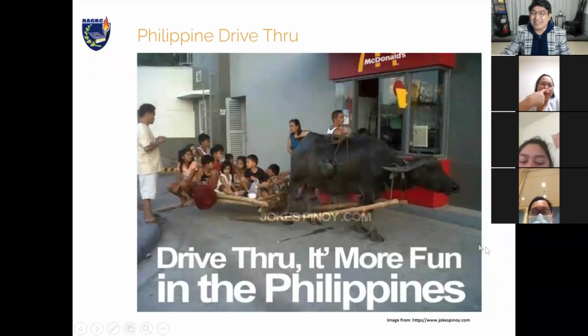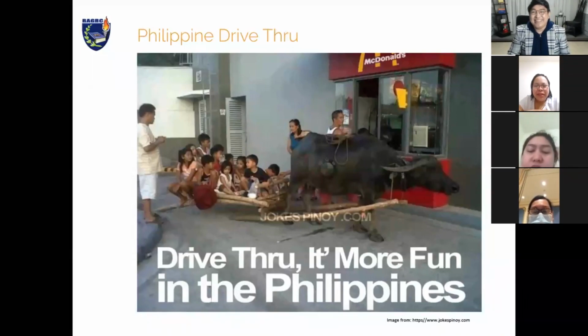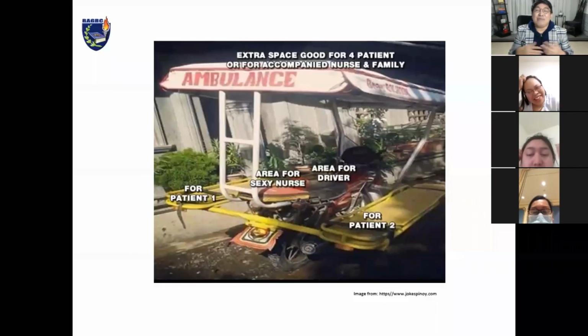I'm so conscious about pronouncing that properly because my students in America used to tell me, Ray, it's not McDonald's, it's McDonald's. You are in America, you have to sound like an American. In the Philippines, say McDo. And of course, going back to the basics means converting the motorcycle into an ambulance, only in the Philippines. But that's how creative we are as a people, right?